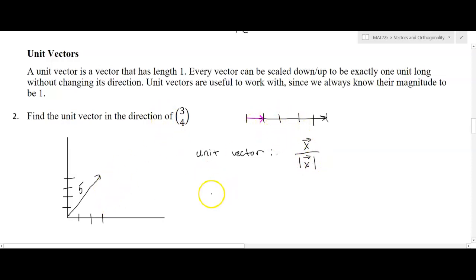So if I take (3, 4), and I take 1/5 of the (3, 4) vector, that's what we really mean by dividing by the length of that vector, we get 3/5 or 0.6, and we get 4/5, which is 0.8.